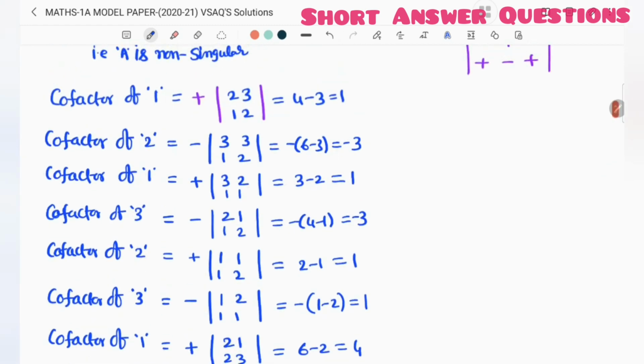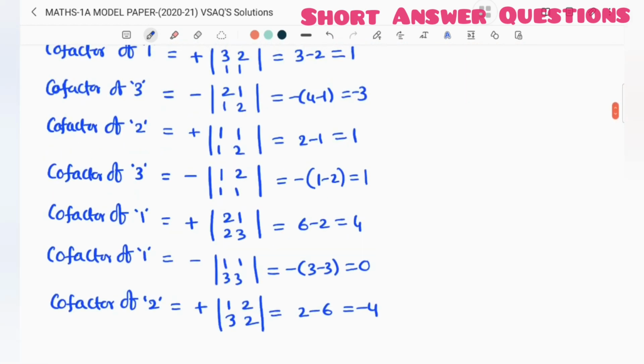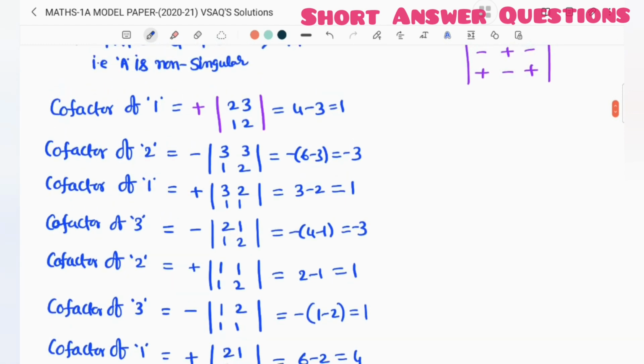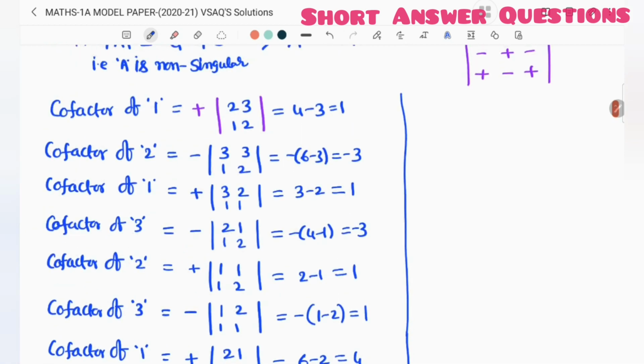After calculating the cofactors of all the elements, first write the cofactor matrix. So the cofactor of A is equal to: the cofactor of 1 is 1, the cofactor of 2 is minus 3, the cofactor of 1 is 1, the cofactor of 3 is minus 3, the cofactor of 2 is 1.